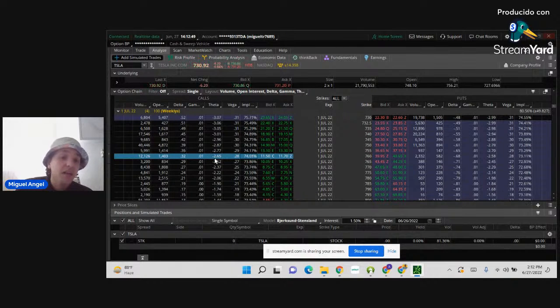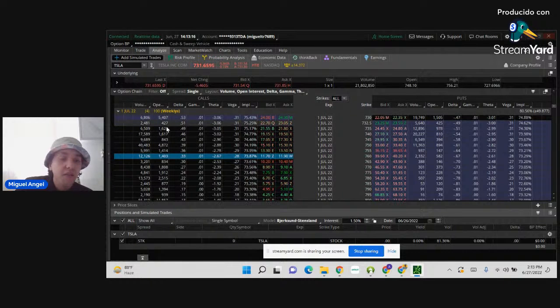Then we have the Theta, which is how much we will lose in our contract value every 24 hours that pass. Then we have the Vega, which is how much our contract will decrease or increase whenever 1% of the implied volatility goes up or down. So those are my Greeks.